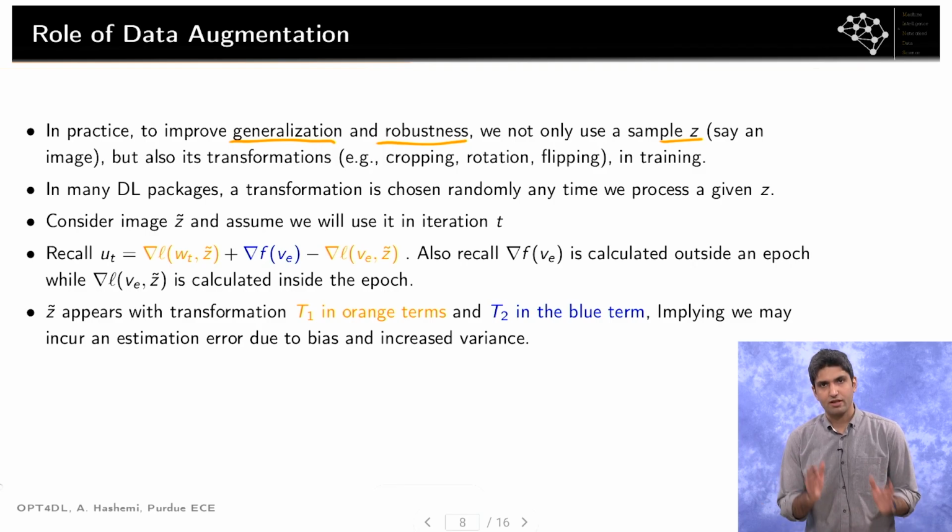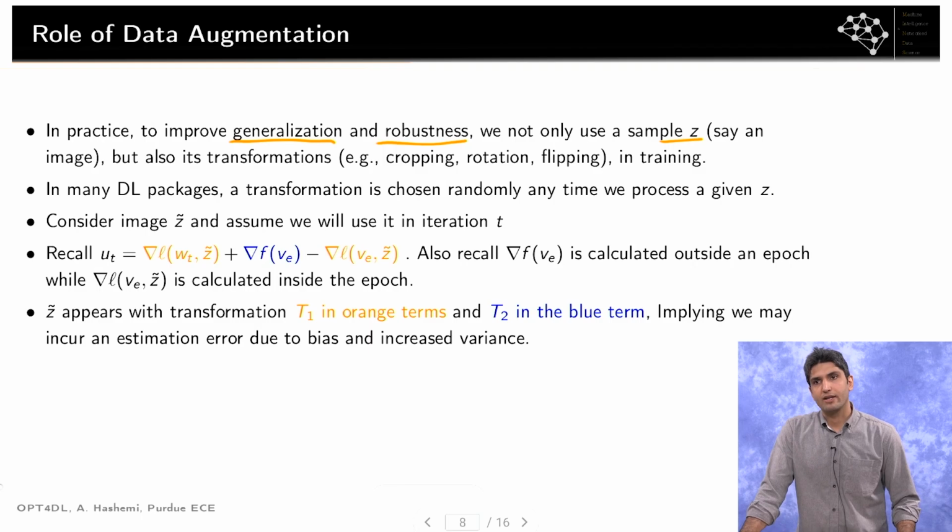So for instance, I have an image and I want to use it to update my model. In addition to finding the stochastic gradient at this image, I randomly transform it. Let's say I do some cropping, some random rotation, I flip it, to make sure that my model is robust.